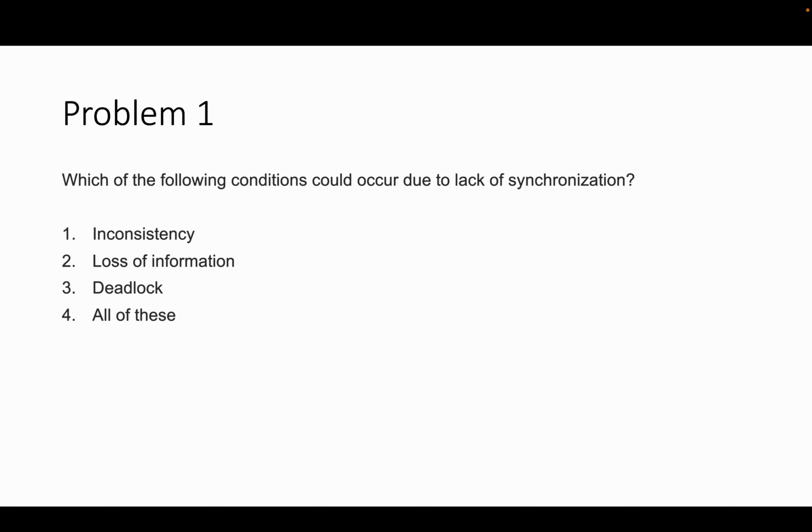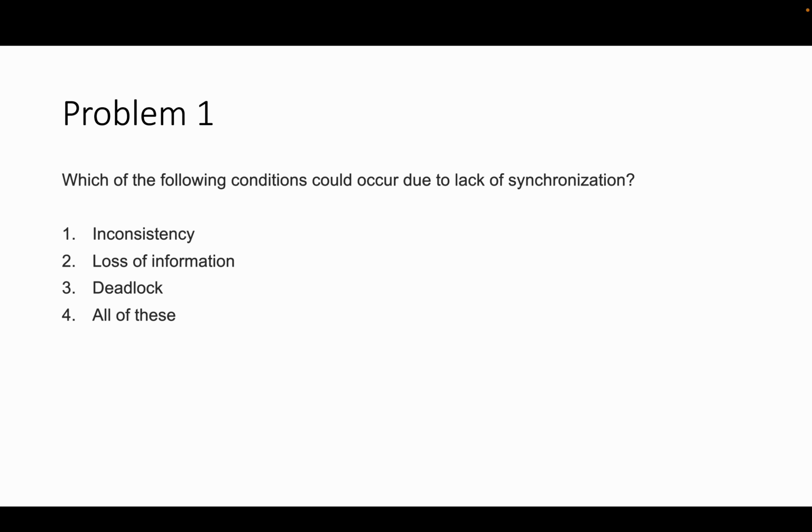And when they access the shared resources or shared data at the same time, then it can lead to inconsistency, because more than one process can be simultaneously modifying the data. And also loss of information, because it is possible that one process wrote something and another process overwrites it, so information is also lost.